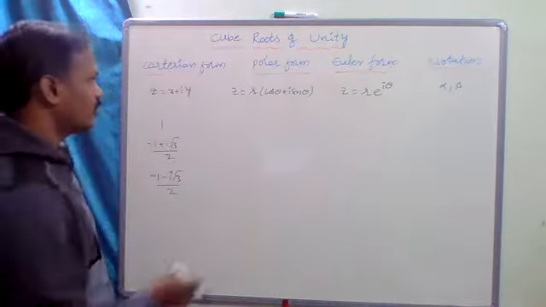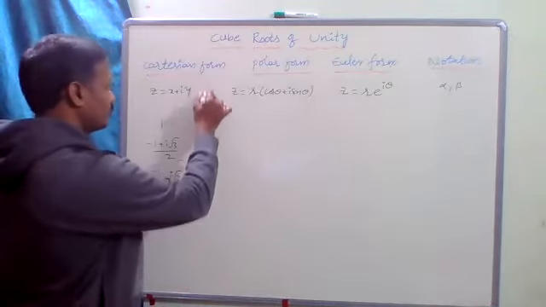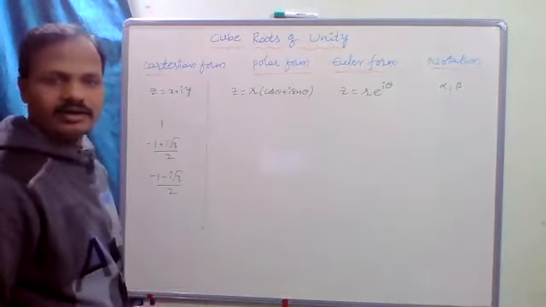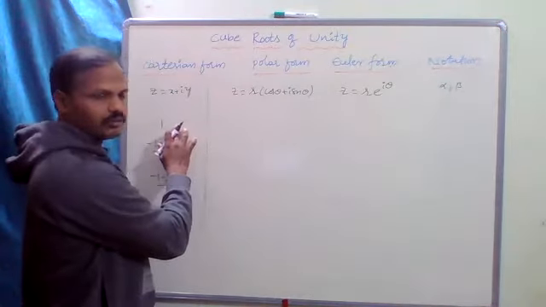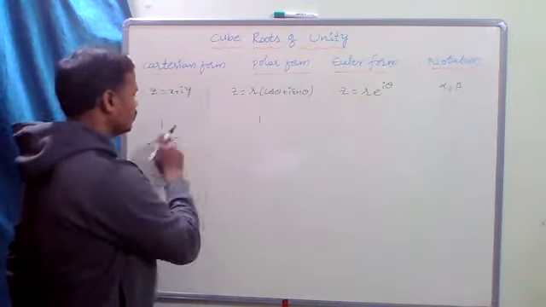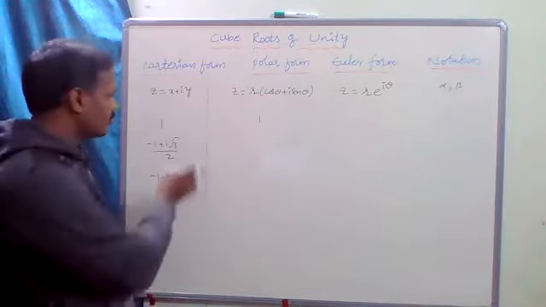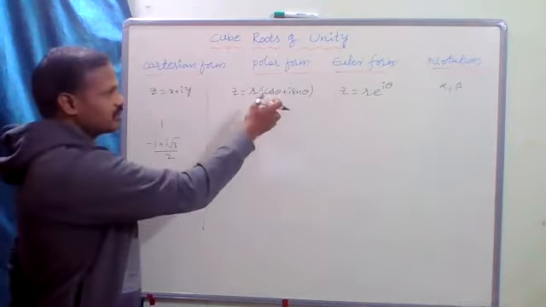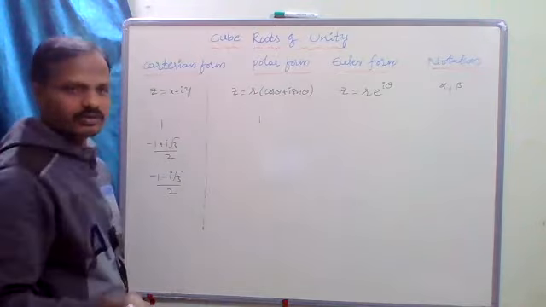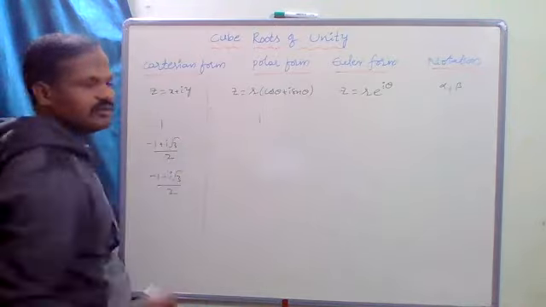Now polar form: z equal to r into cos theta plus i sin theta. So how can we write 1? R means modulus, mod 1 is 1. This is cos 0 plus i sin 0, which is 1. So in polar form also it is 1.